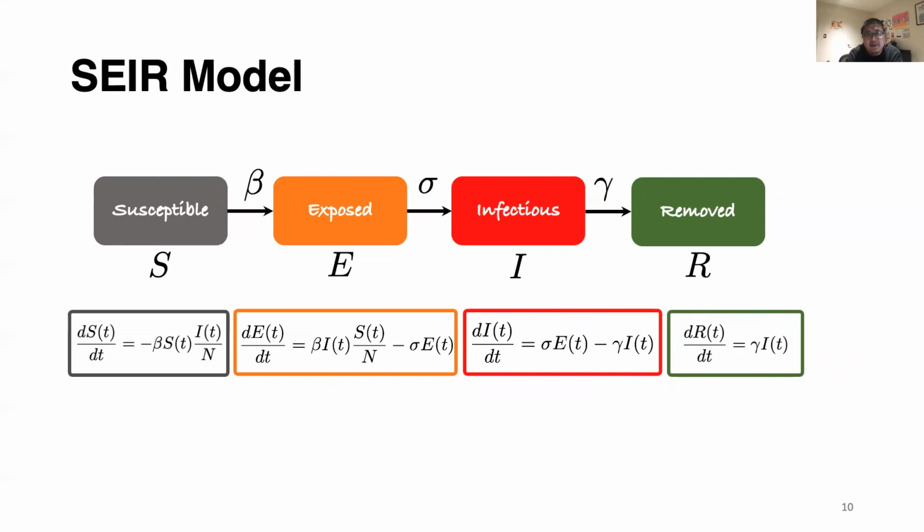So the susceptible population will not directly go to the infectious population, but when people get exposed to the virus, there might be an incubation period before they can become infectious. By adding in this exposed component, we can better characterize this incubation period.